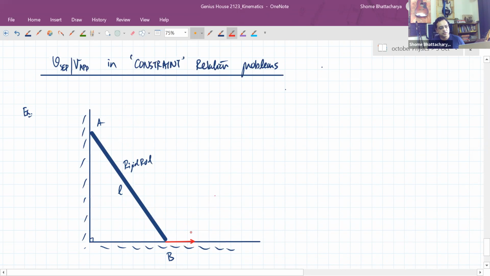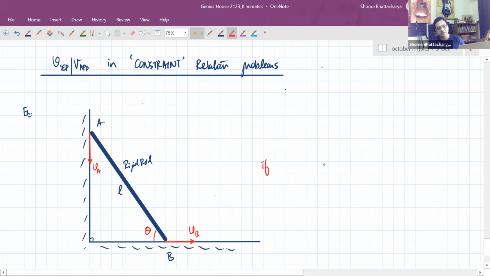Now this is slipping such that at the given instant of time, this point B has a speed VB, this angle is theta, and this point A has a downward slipping speed of VA.